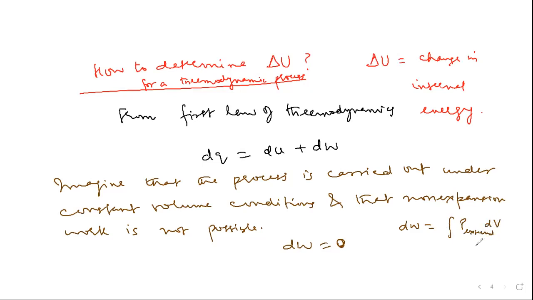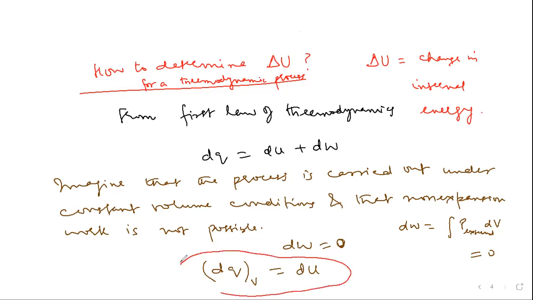So if dV is 0, this work is 0. So what we get from the first law is dq, but which dq? Under constant volume conditions, so I put subscript V. So dqV, the heat put into the system at constant volume, is equal to dU. I encircle this equation, it is important. I name it equation 1.